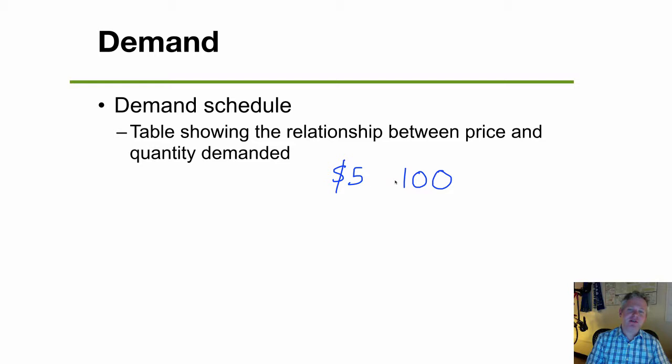That's kind of expensive for coffee, so maybe if the price goes down, say, to $4, we might expect 200 cups of coffee sold. So again, this is quantity demanded, and this is the price of the good, all right?